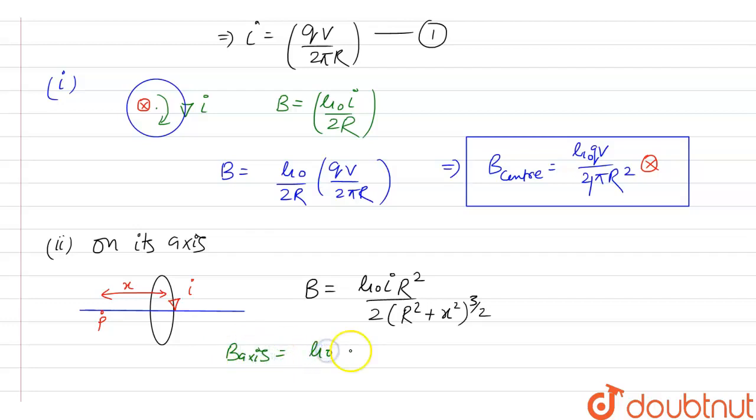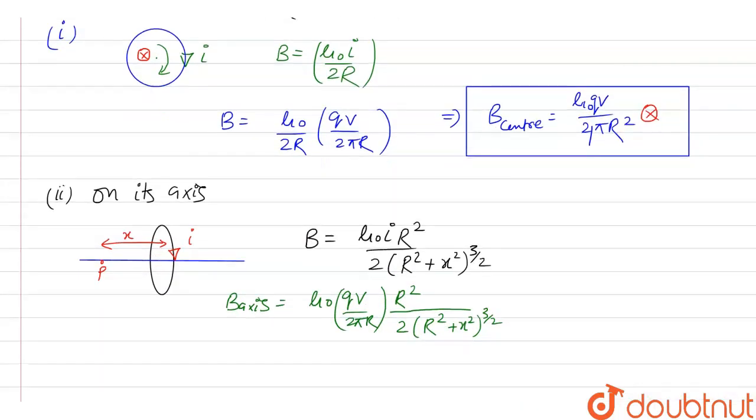So B axis can be given as mu naught. We can just substitute the value of I. It is QB upon 2 pi r, right? So mu naught I into r square upon 2 into r square plus x square raised to the power 3 by 2. So we can now just simplify this.